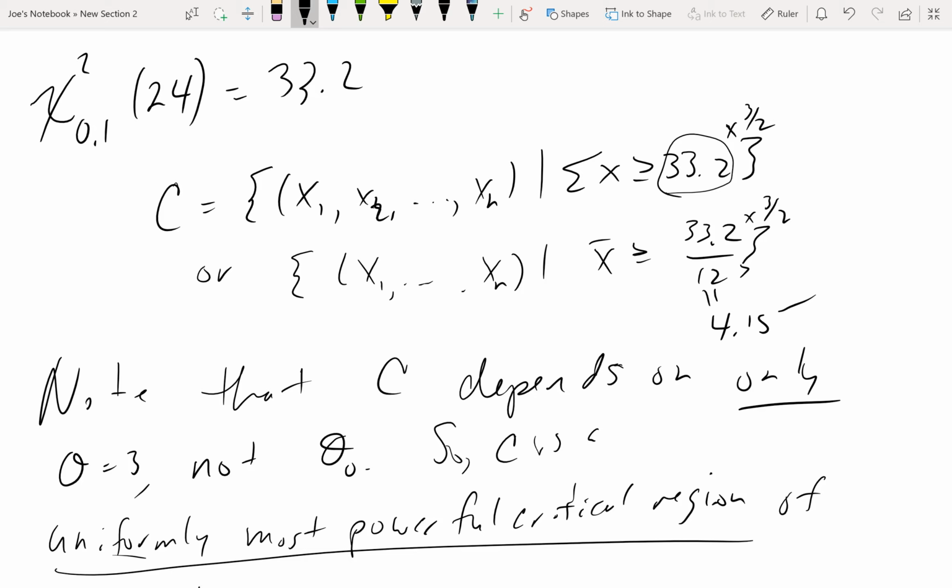Now, this does not mean that the power is the same no matter what the theta naught is. That's not what it's saying. The power of the test will change as the theta naught changes. What we mean by uniformly most powerful critical region is that the region gives you the most powerful test that you can, no matter what the theta is. Now, the power might change depending on what the theta is, but if you tried to use a different critical region, the power would be worse.